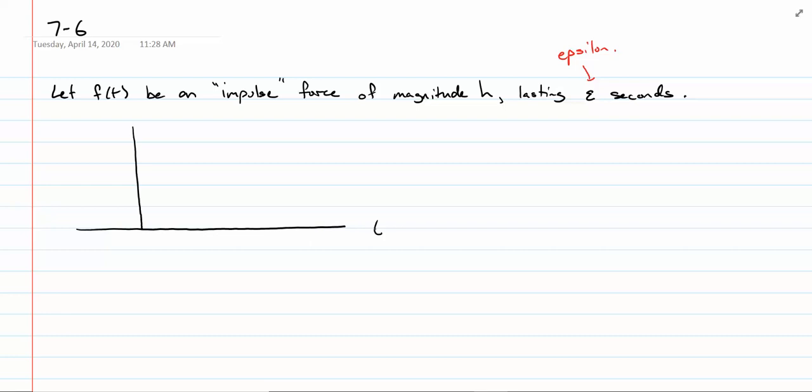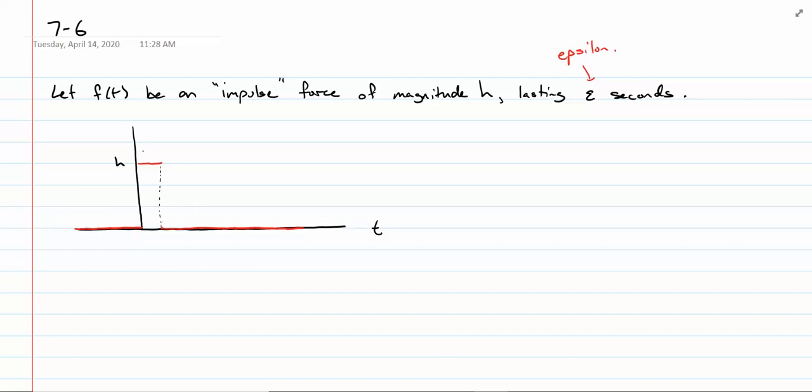The graph of that would look like this. Here's the t-axis. My force is going to be 0, and then all of a sudden it's going to jump up and have magnitude h, and then it's going to be 0 again. So it's a piecewise graph.